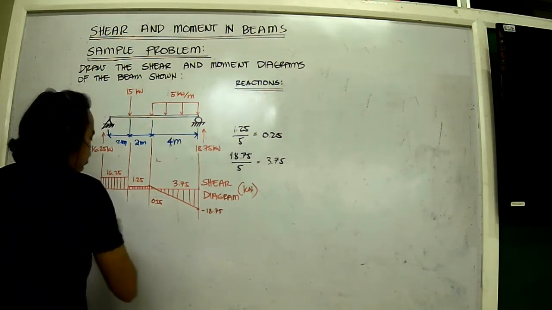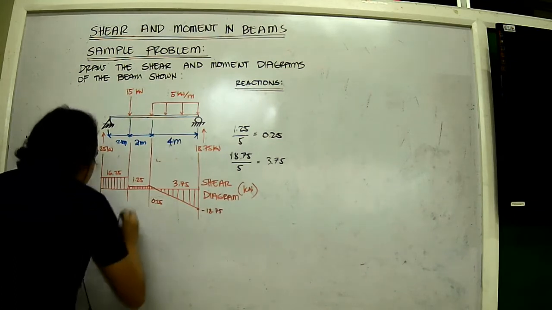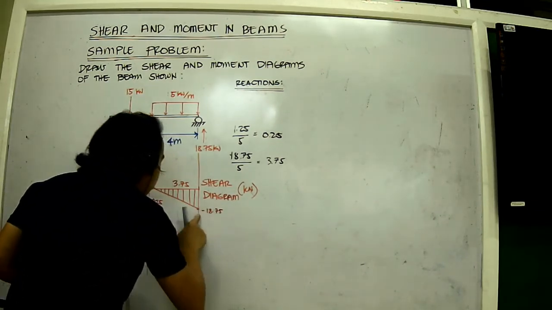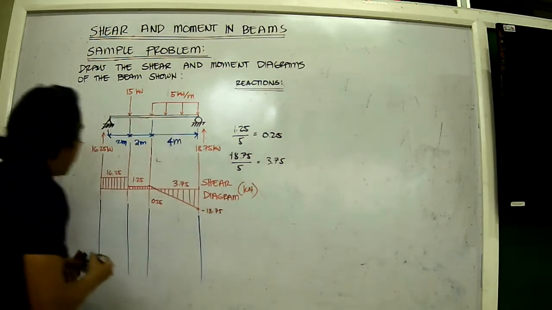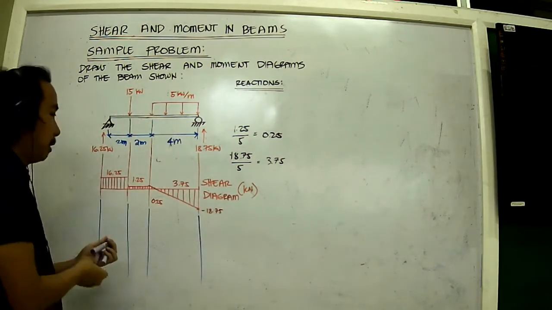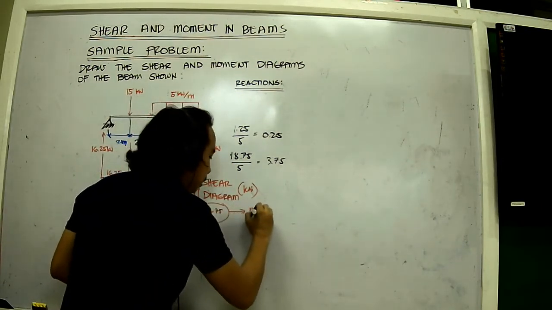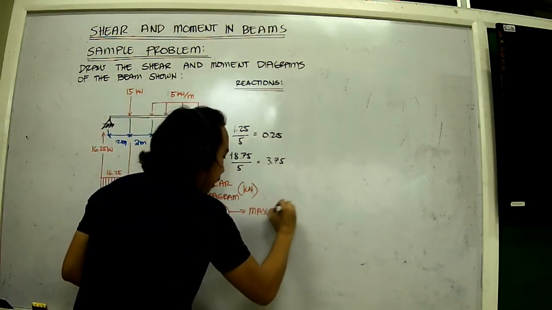Now, before the moment diagram, by the way, the maximum shear in this beam is this. This is our maximum shear.